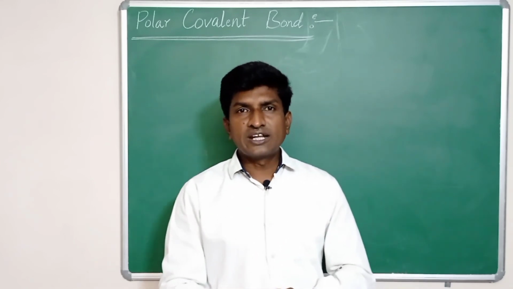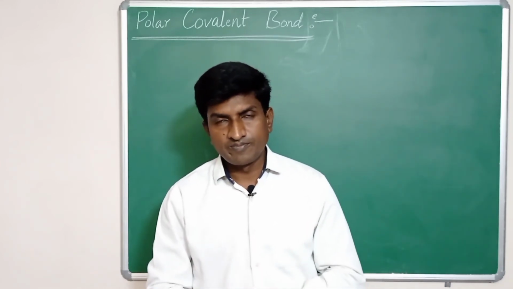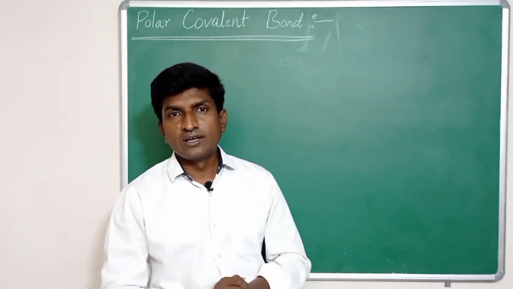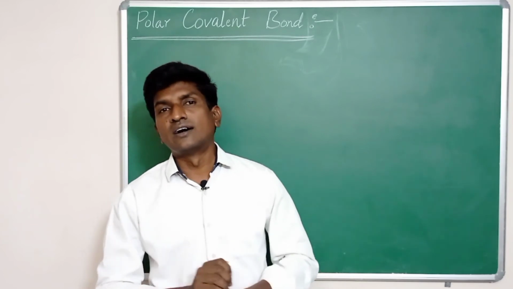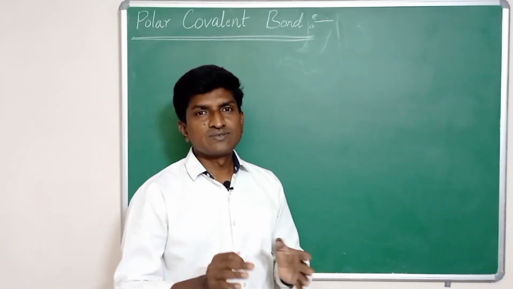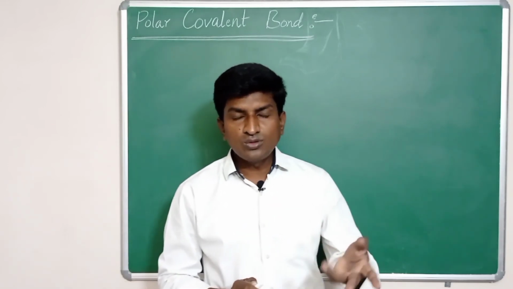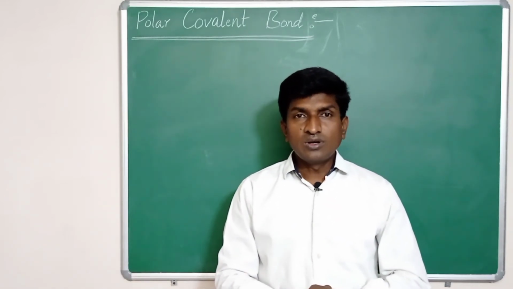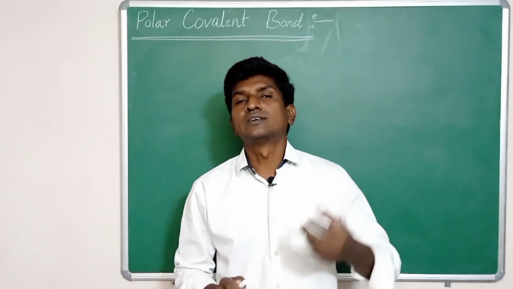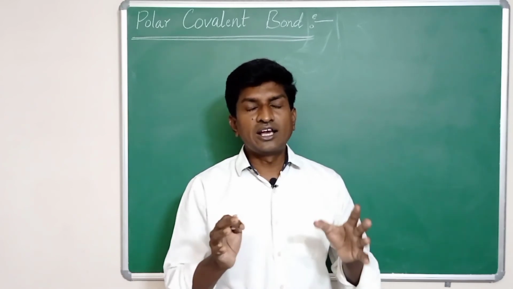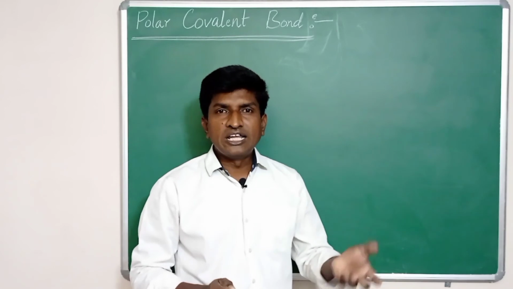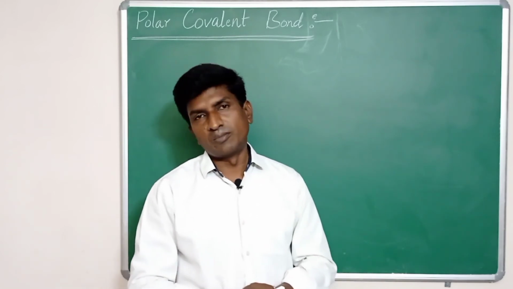Ionic compounds are generally solids, because strong electrostatic forces are present between the atoms, as the ionic bond is formed due to transfer of electrons from one atom to another. So strong attraction is present between the two different charges. So ionic compounds are generally in the solid state, and they have high melting and boiling points.